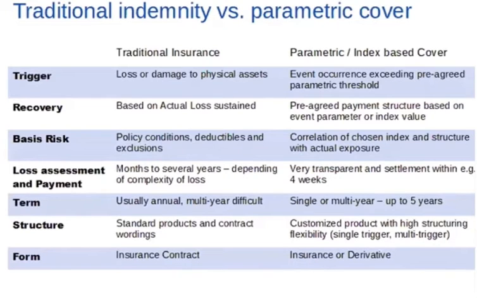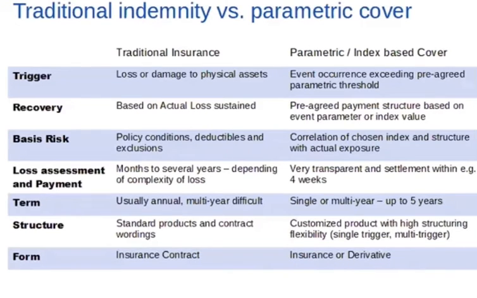So the loss assessment takes a long period of time. Now, for parametric index-based insurance, it usually takes almost 1-2 weeks. The moment the data comes out, the third-party data we agree to use, soon after that, within 3 to 4 weeks, the check goes out. Now, it's very clean, it's very fast, right? As compared to traditional insurance.